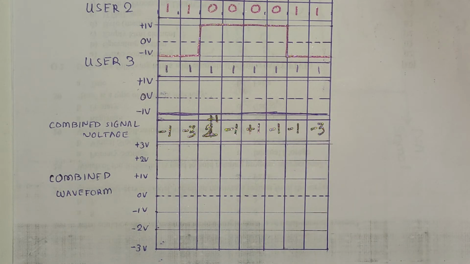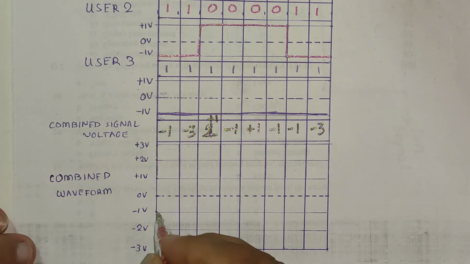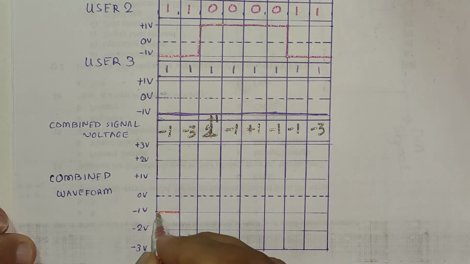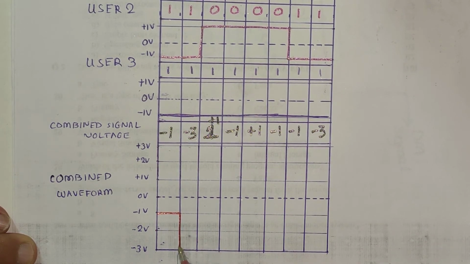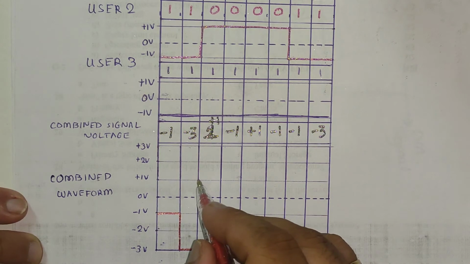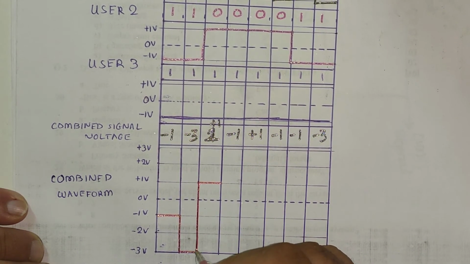So now let us plot the combined signal. This is how my combined waveform would look like. It is going to start from -1 voltage. So this is -1. It will go back to -3. So here we are having -3. Then we are going to go for +1. So here we will be having +1. Fine.